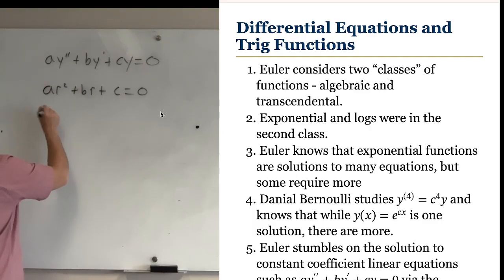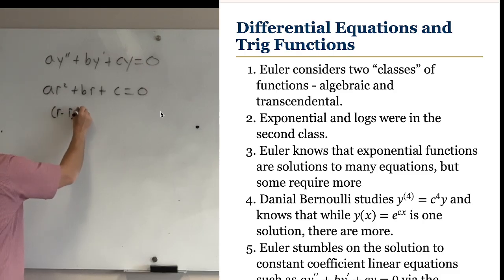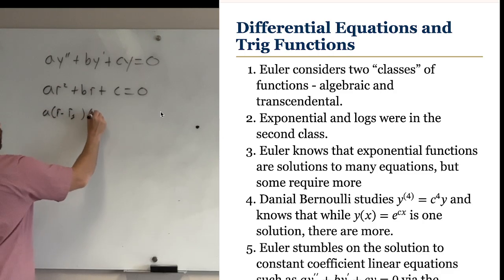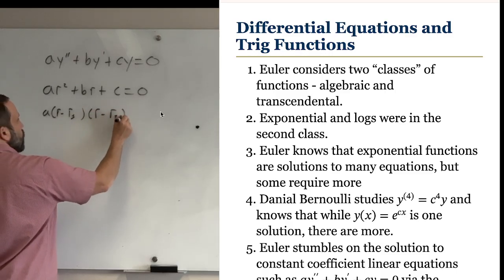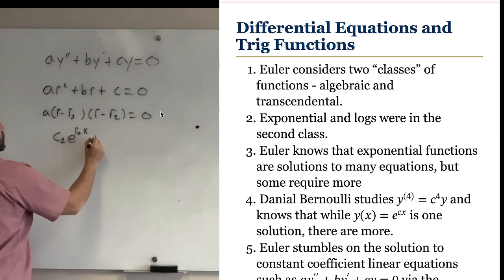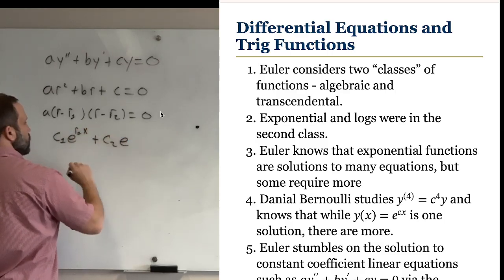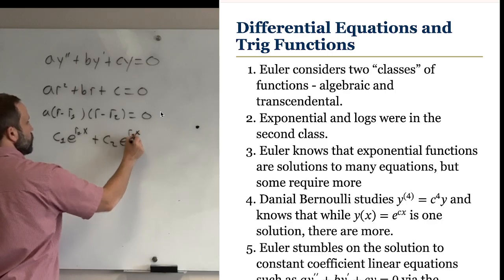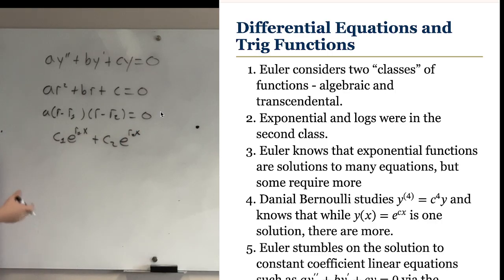If this is equal to a times (r minus r1) times (r minus r2), where r1 and r2 are real, then the solution is just going to be some constant times e to the r1 x plus some constant times e to the r2 x. All of the solutions are going to be written in this form right here.